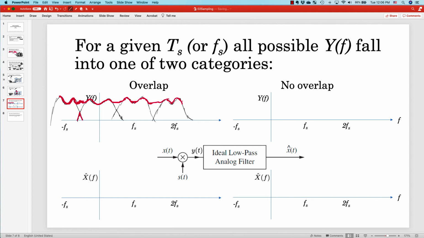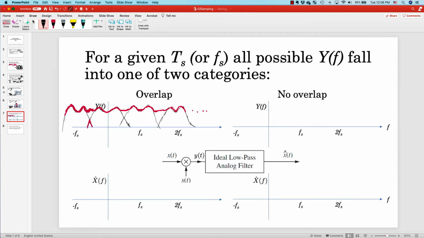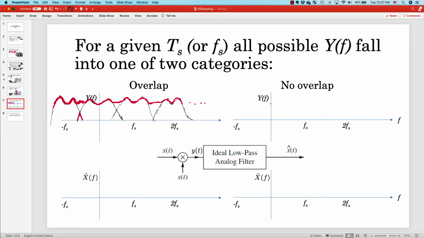And so what we get is something like this red curve for the spectrum. Whereas, if there's no overlap, we draw it nice and narrow, then I can add these all together and they don't interfere with each other, right? They all can kind of be treated separately.